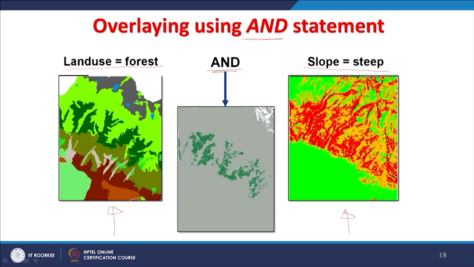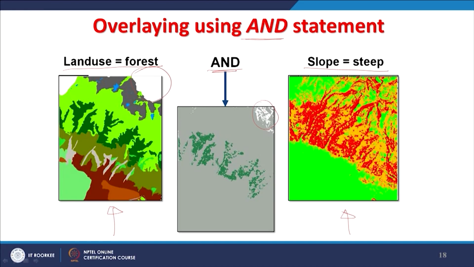The output map will satisfy these two conditions. When these two conditions are met, those areas get a true value, and the rest are false. Where you do not have any value in one map or another, the white areas or no data areas appear.